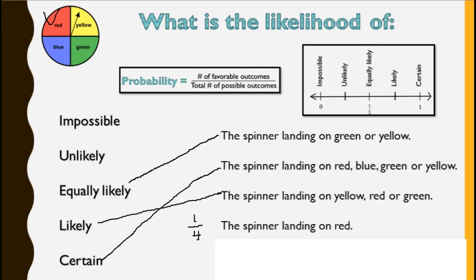So the likelihood, 1/4 is less than 1/2, but it's more than 0. So we're going to use this phrase, unlikely. So it's unlikely that it would land on red, but it's not impossible because there is a red section.